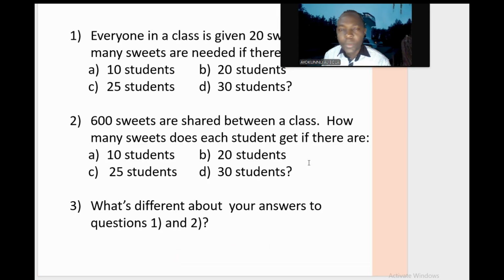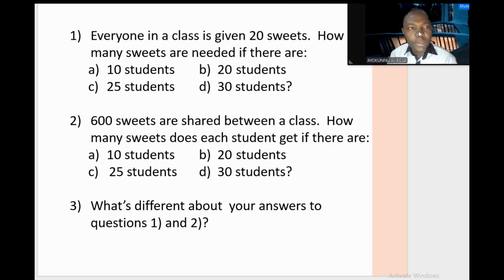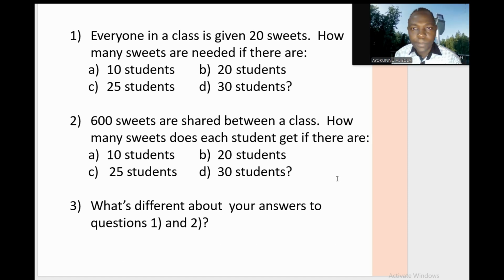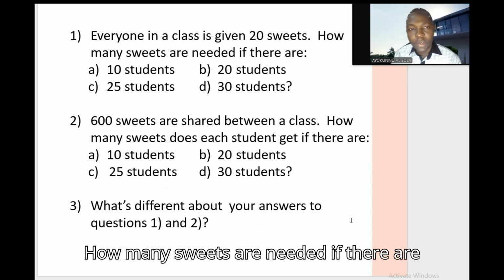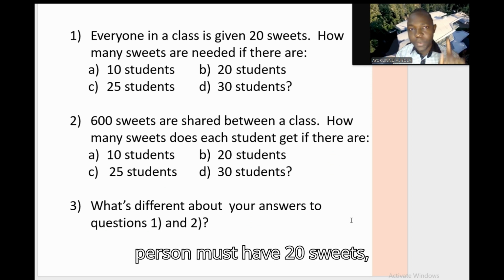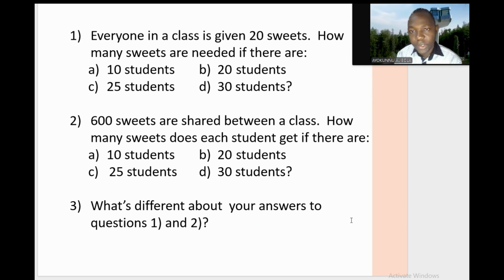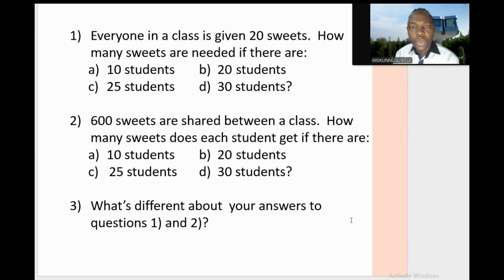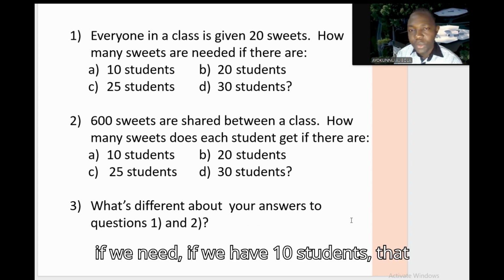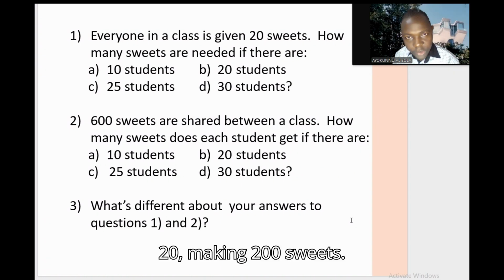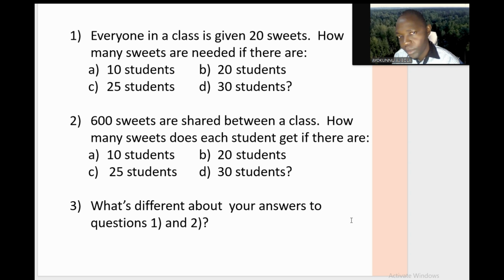Now this says everyone in a class is given 20 sweets. How many sweets are needed if there are 10 students? That means each person must have 20 sweets, right? So if we have 10 students, that is 10 times 20, making 200 sweets.